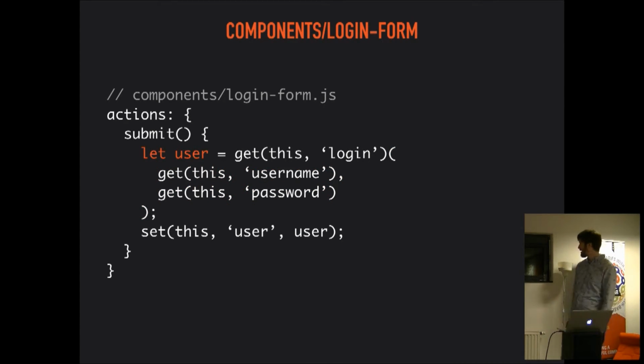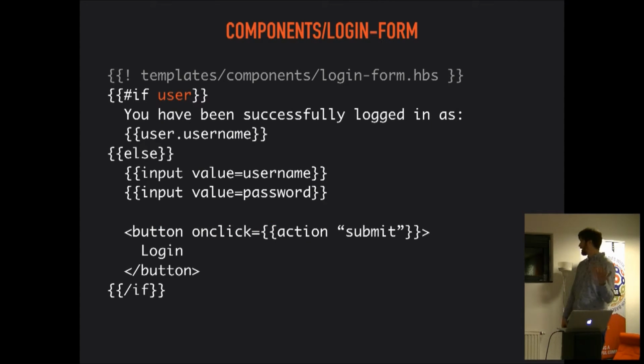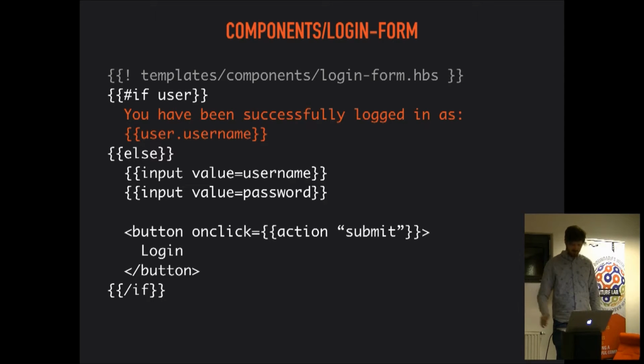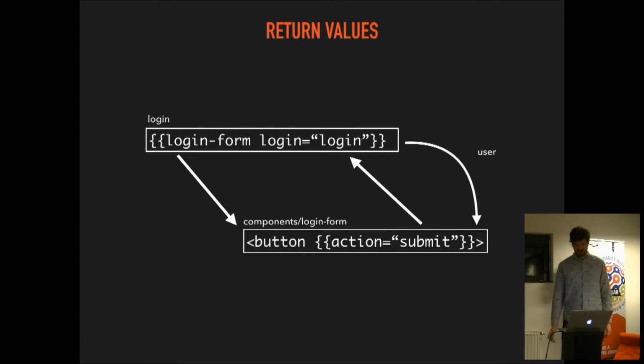That will be assigned to user, and then we set user on our component, and user will be a user, so the if statement will be true, and it will render: you have been successfully logged in as your username. So that's arguably much simpler to reason about than the example I showed you before.